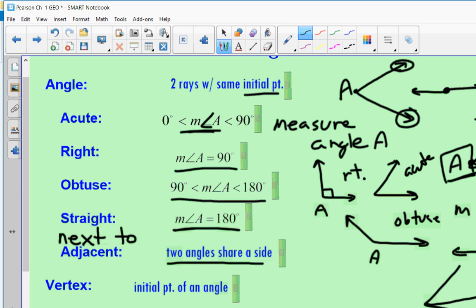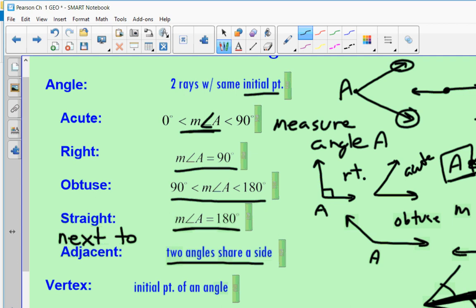What I've done now is created two angles. I've got this one, and I've got that one now. Those two angles are next to each other because they share that side, or that ray. So two angles that are next to each other share a ray that allows them to be called adjacent.